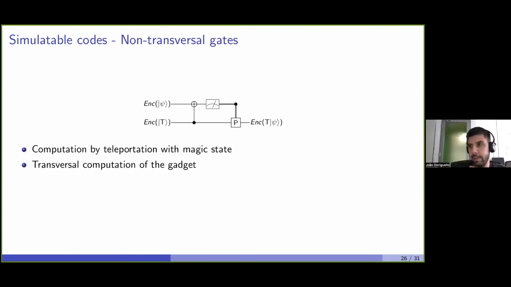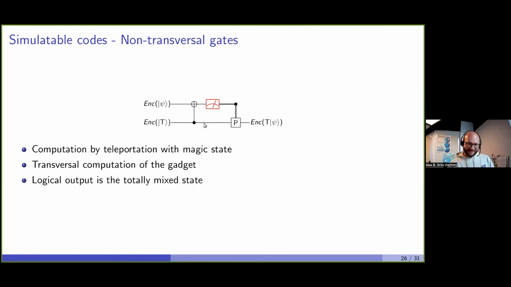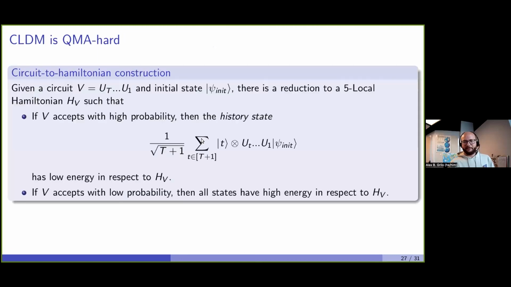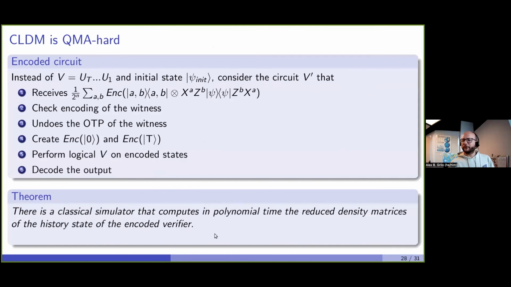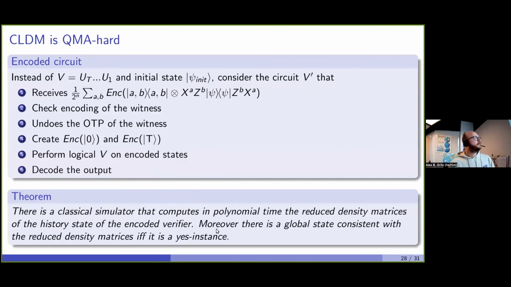Do you think that by using other codes, you can extract more out of the proof? There are a few technical questions for the CLDM hardness that we haven't solved. For example, when you do the reduction, the quantum state for yes, the state that's consistent with the local density matrices, is actually a mixed state.